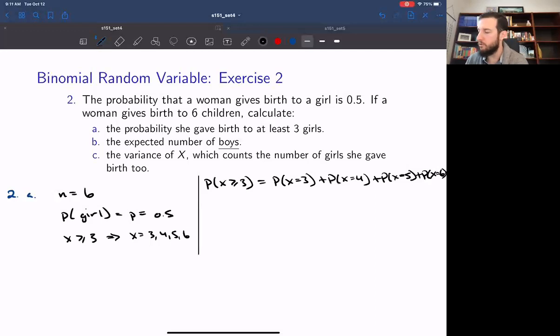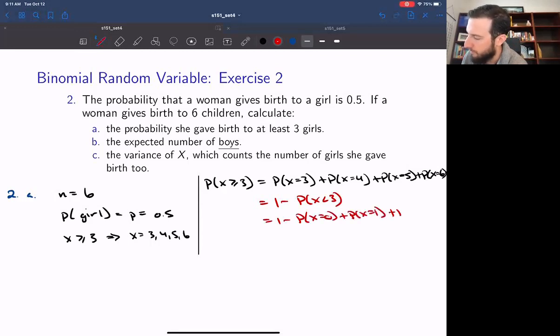You could, if you wanted to, say, all right, well, this is 1 minus the probability X is less than 3, which is 1 minus the probability X equals 0, plus X equals 1, plus X equals 2. And in this situation, you can do X equals 0, X equals 1, X equals 2 in the binomial probability formula and subtract from 1.